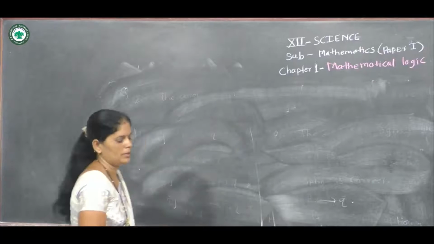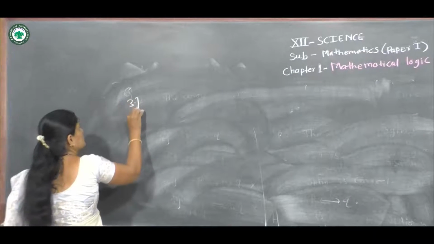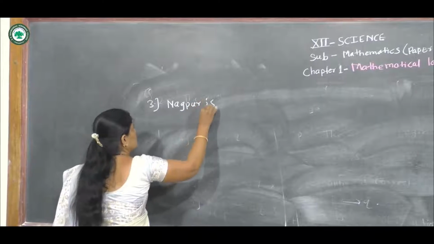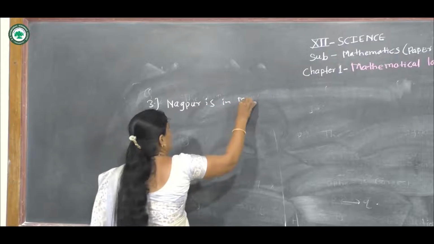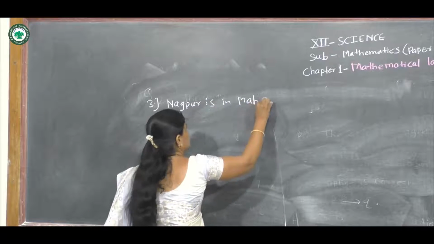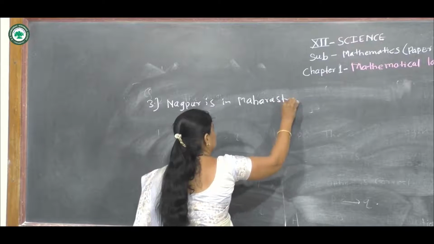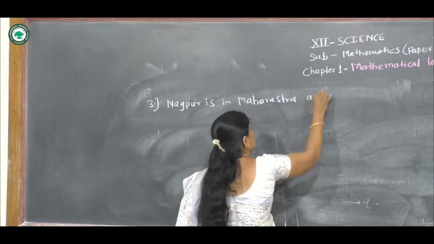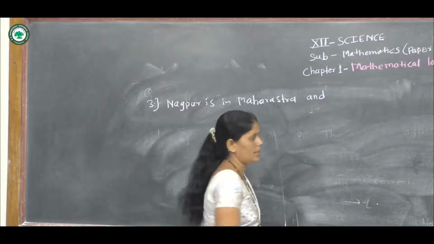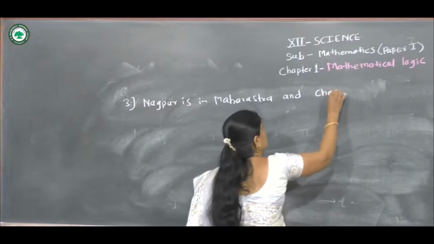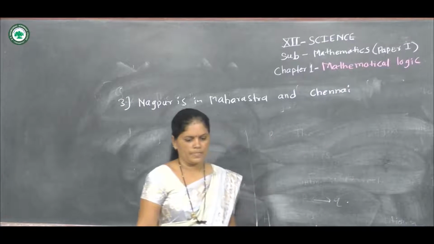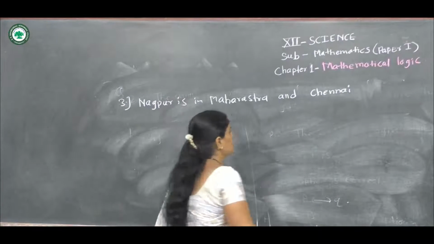The last example is our third example: Nagpur is in Maharashtra and Chennai is in Tamil Nadu.